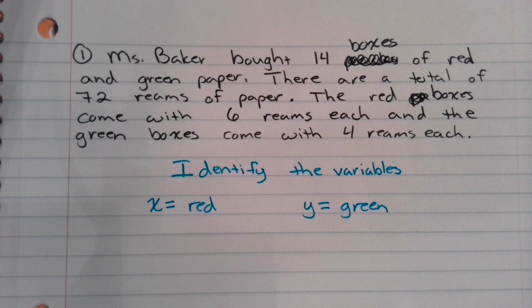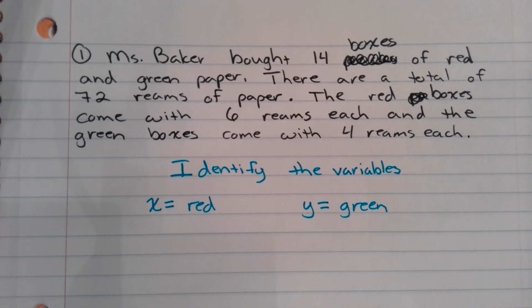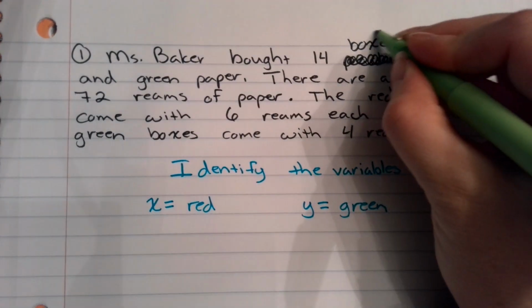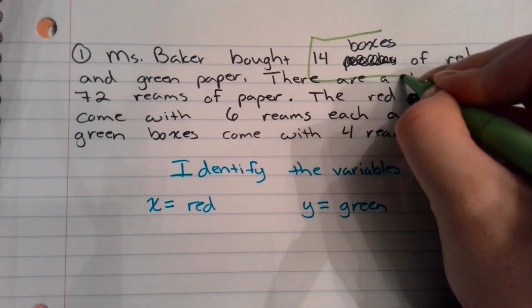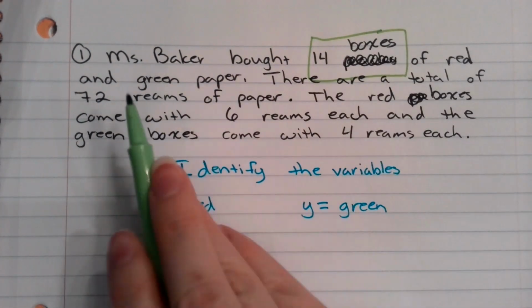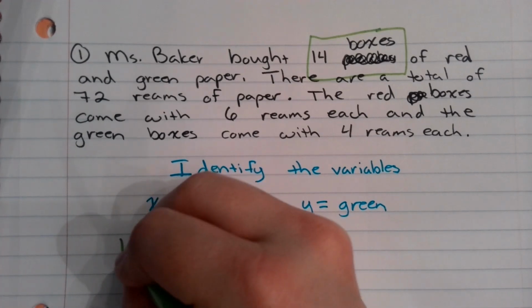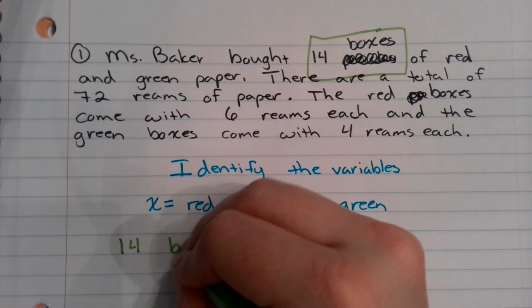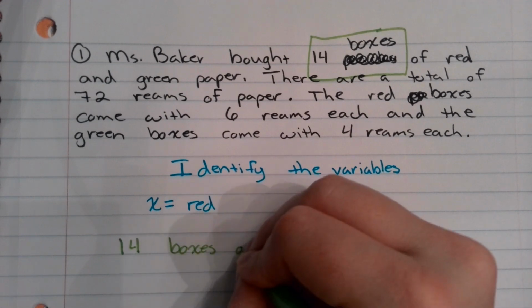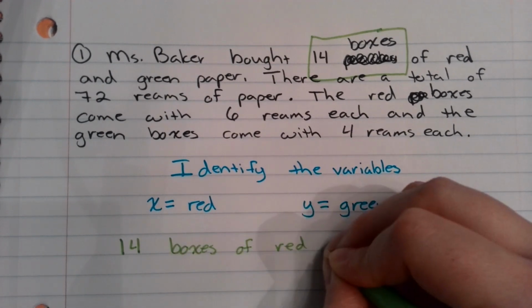So within the problem, the first thing that I notice is it says that I have 14 boxes, right? 14 boxes of red and green paper. Okay, so I'm going to go ahead and write that down. 14 boxes of red and green.